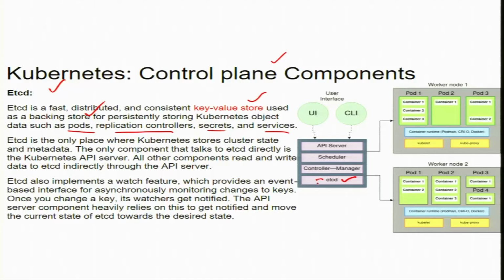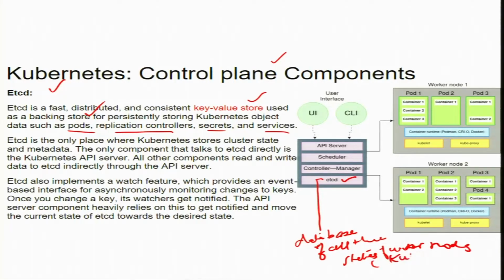Therefore, this etcd is a database of all the state information of the worker nodes, that is the Kubernetes cluster. etcd is the only place where Kubernetes stores the cluster state and metadata.